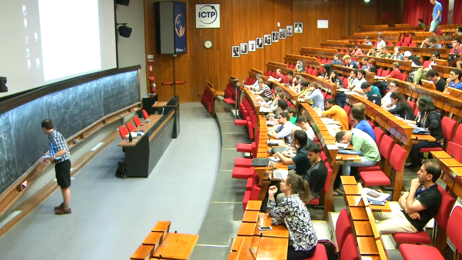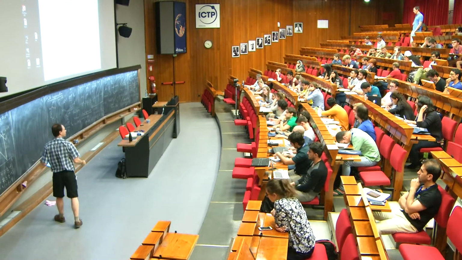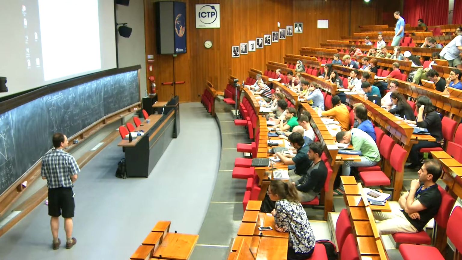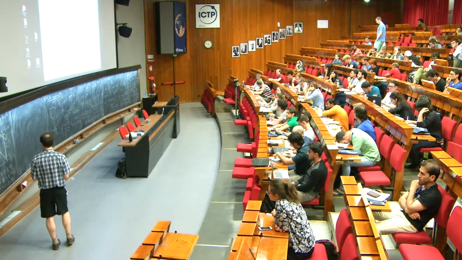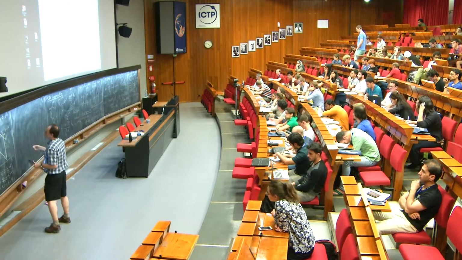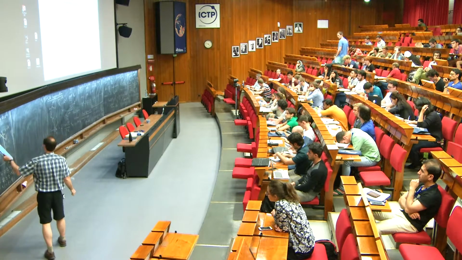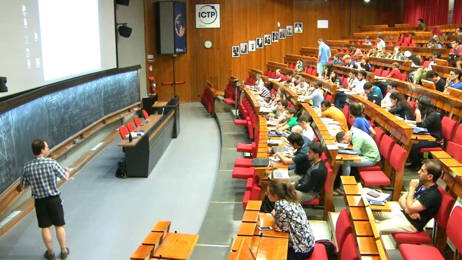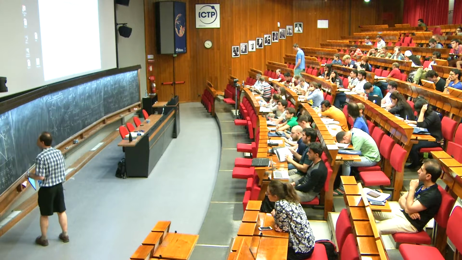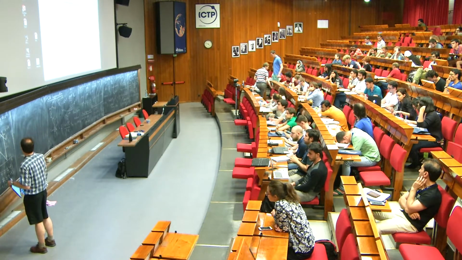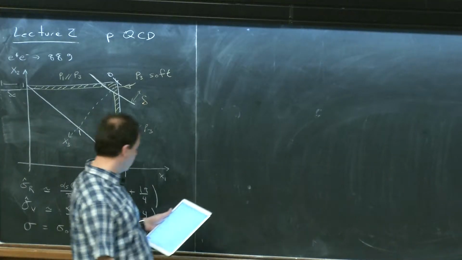It looks like it only has 2, because either one is too soft to observe or they're too collinear to observe. So we think about it like a 2-jet event. And so actually you can think about what we've just done as putting restrictions that force us into a 2-jet region. And we can think of this calculation of these cross-sections as the 2-jet cross-section.